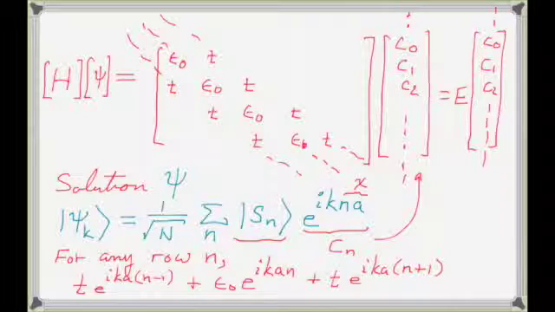And that equals, on the right-hand side, E times e to the i k a n, because this is row n and that is c sub n. Okay, I see some puzzled looks. We good? It's the matrix vector multiplication. What's the puzzlement?